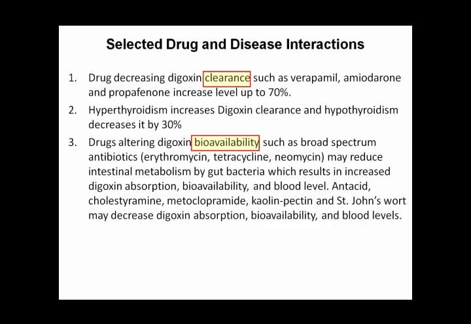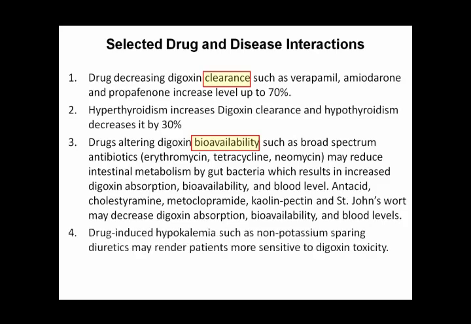So if you're destroying a lot of the bacteria, you're going to have more bioavailability, and this way more blood levels. Antacids and some other drugs, including St. John's wort, will decrease digoxin absorption and blood levels.